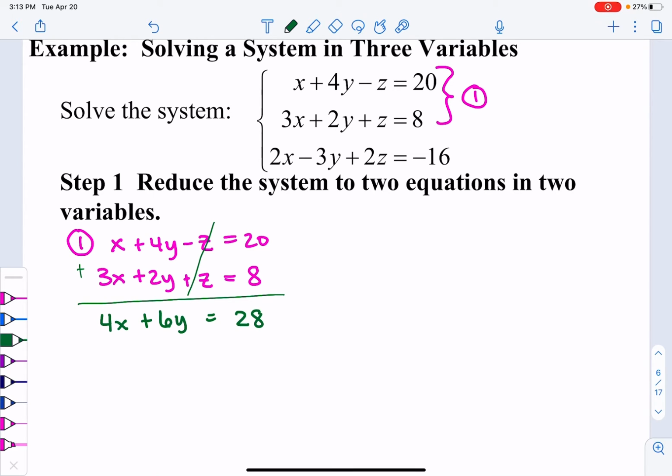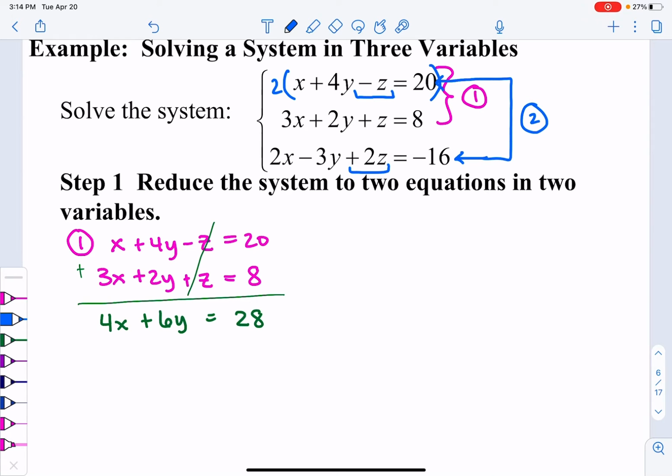That's my first equation. Now I need to use this third equation with one of those other two. I'm going to pick the first equation and the last equation, and this will give me new equation number 2. In order to make a positive 2z and a negative z cancel each other out, I need to multiply the first equation by 2.